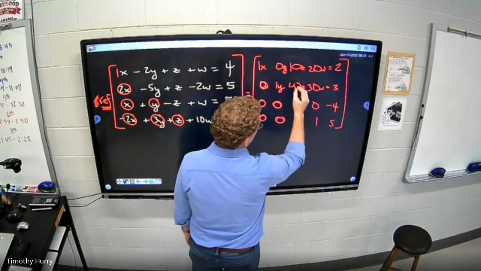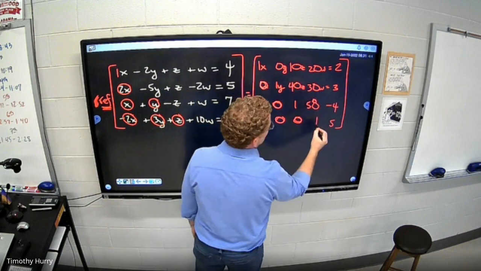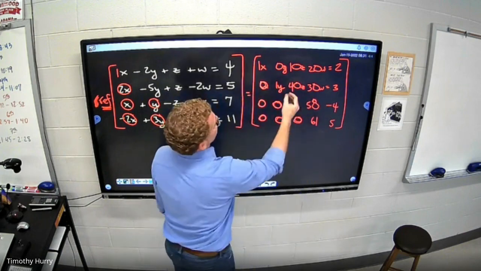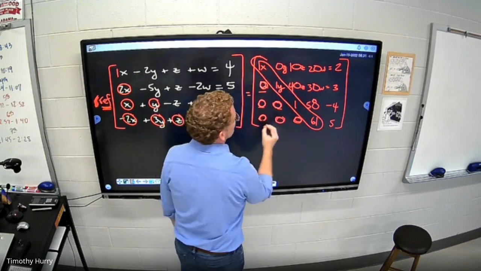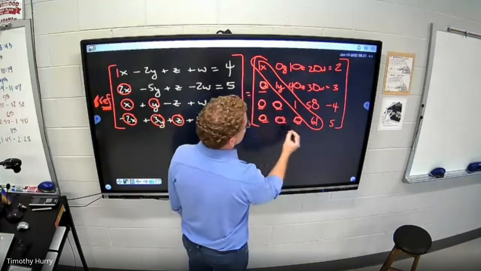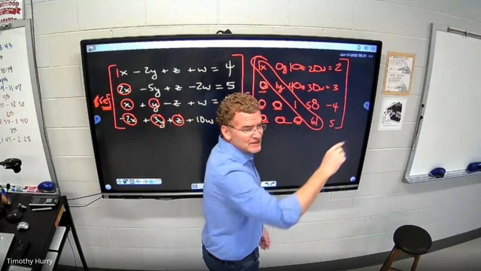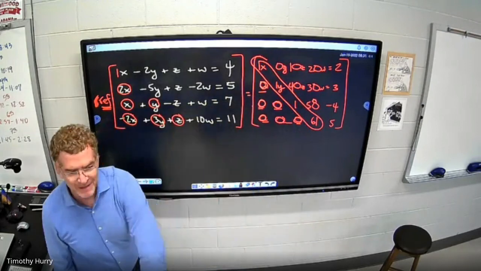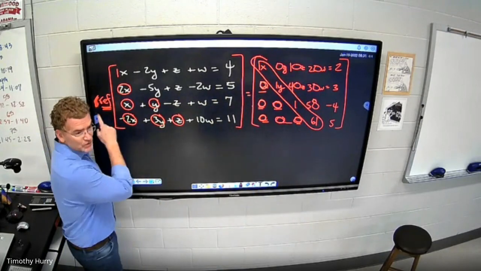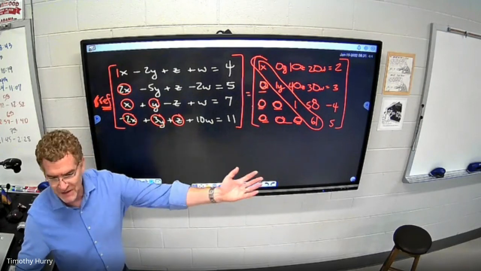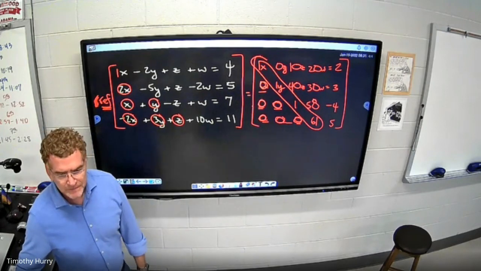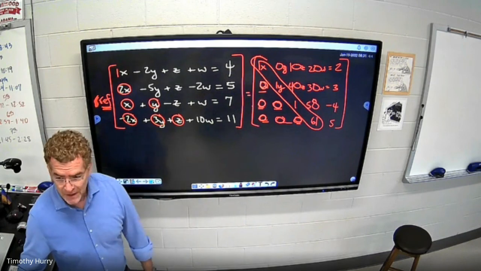It gets rid of these numbers, makes them zeros, and lets you back substitute. But we're not even going to do that because it's so much better to use reduced row echelon form, because it just jumps straight to a matrix answer. Anyway, that's for another day. We feel okay about this?